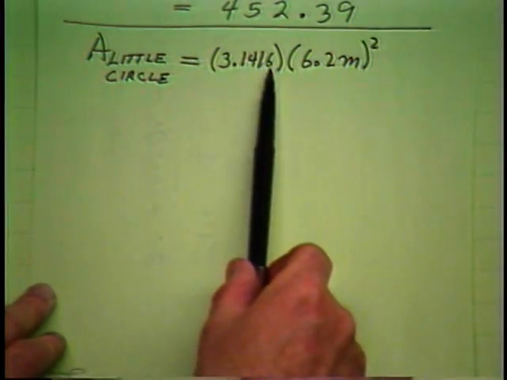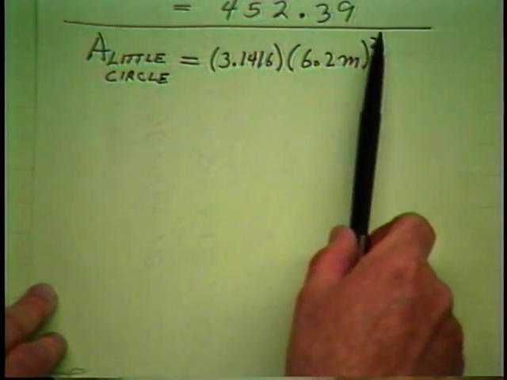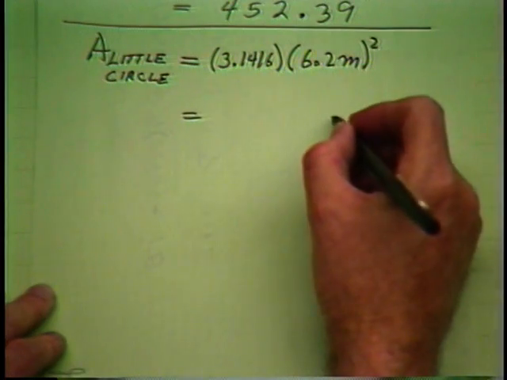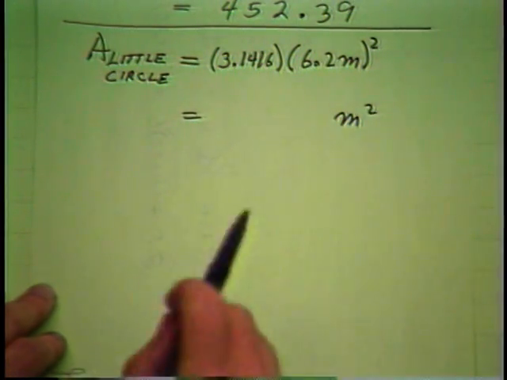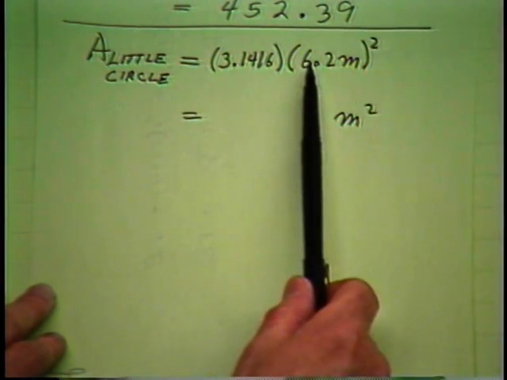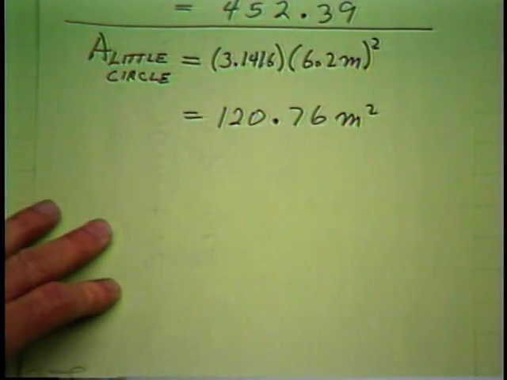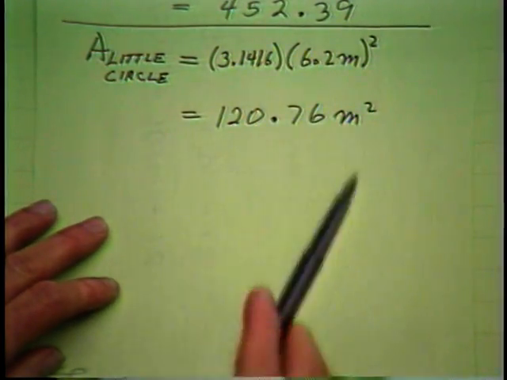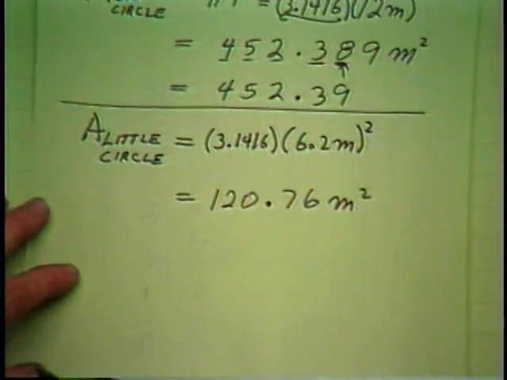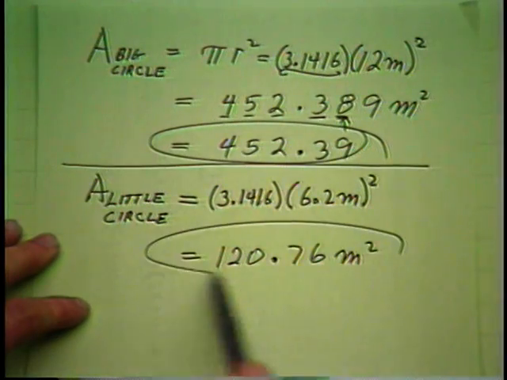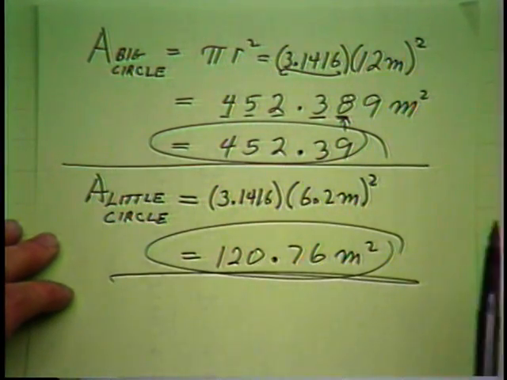Here we have it. Pi times the radius squared. And of course, squaring the meters is going to give us meter squared. Squaring this on a calculator first, then times that, we get 120.76 square meters. And see, as with our big circle, we have kept one extra place.